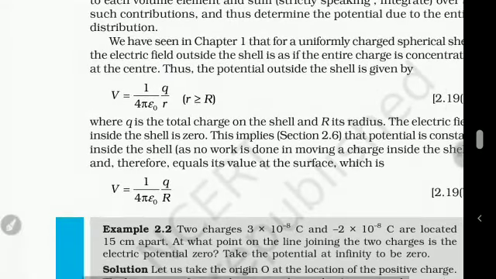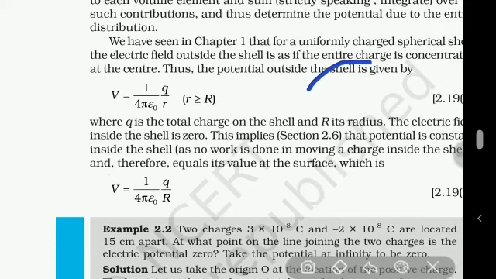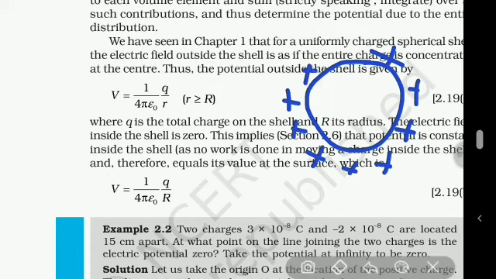Now an important thing: for a spherical shell, if there is a spherical shell on which the charges are distributed, it is a surface distribution of charge.